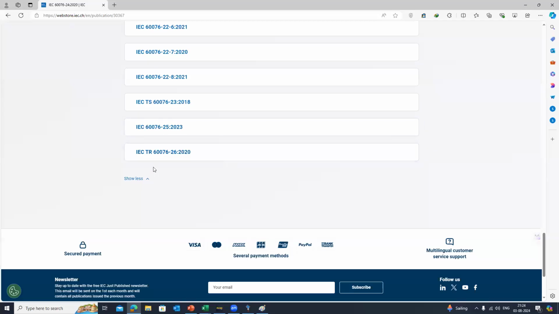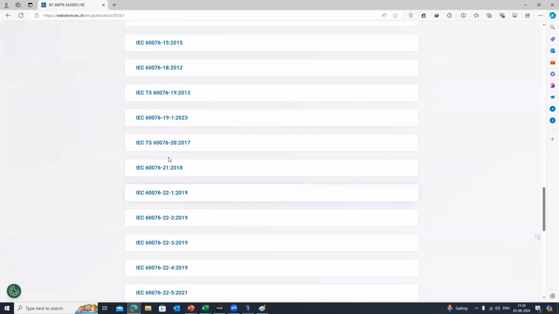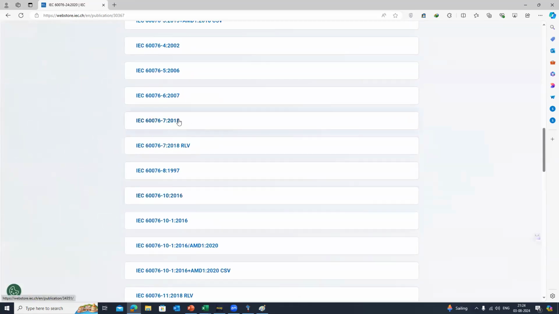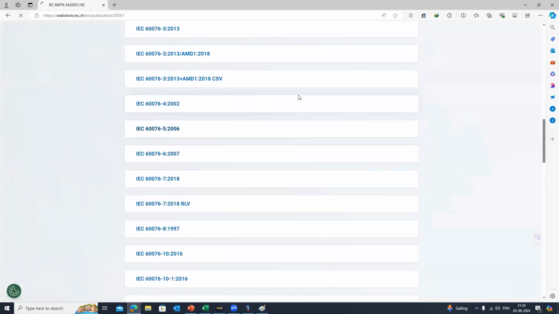That means up to 26 different standards in IEC 60076. Of course, some of the numbers are already obsolete, so they are not mentioned on this website. But as far as our transformer application is concerned, we have to focus on IEC 60076 part 5.